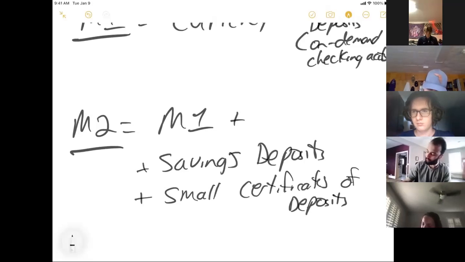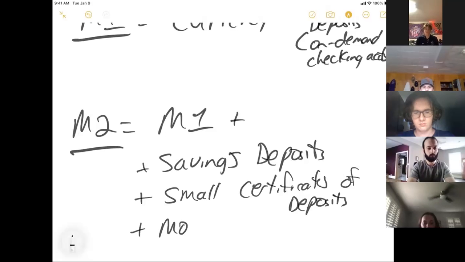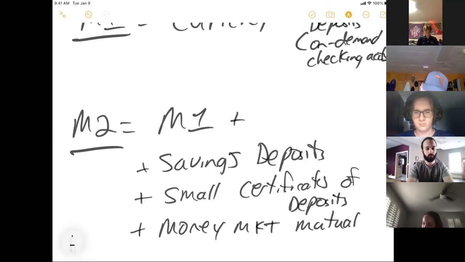I don't know if any of you have a certificate of deposit at a bank, but it's essentially a savings account. There are some technical differences between the two, including how long you have to keep your money in it without paying a penalty, but it's essentially another form of a savings account. Same for what we call money market mutual fund accounts.